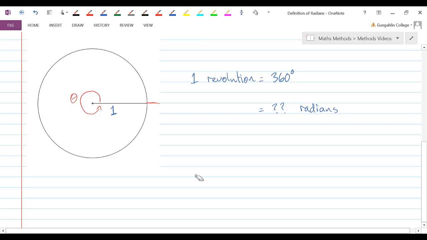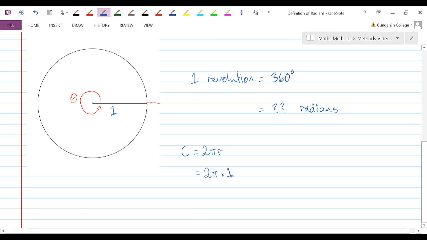The distance around the edge of a circle, which we call the circumference C, is equal to 2 pi r. And remember, pi is just some number, 3.14-ish. So the circumference around the edge of this circle is 2 pi r, and r is the radius, which is 1 because we're working with the unit circle.